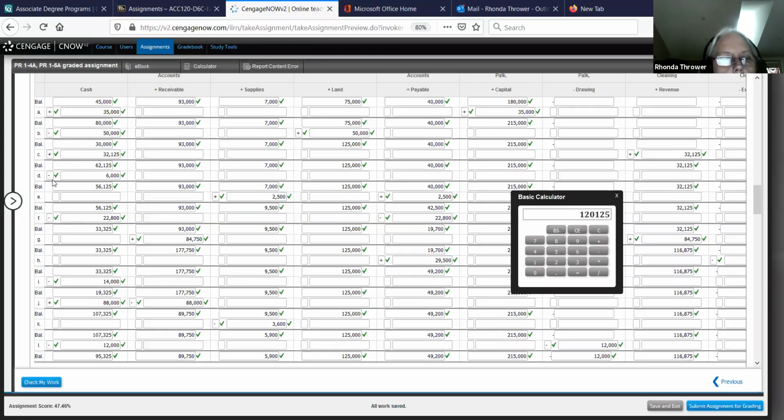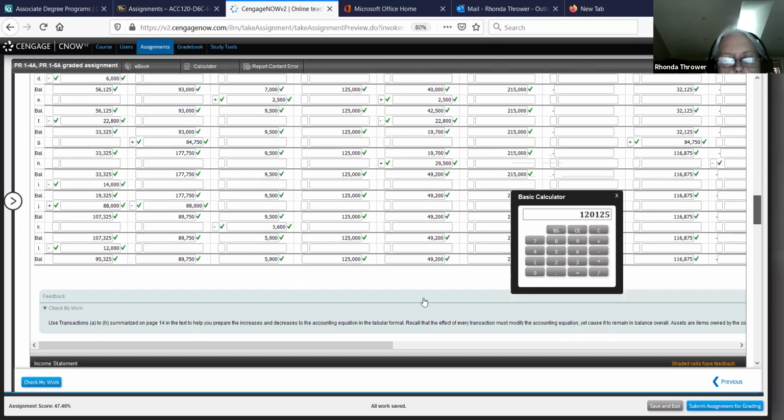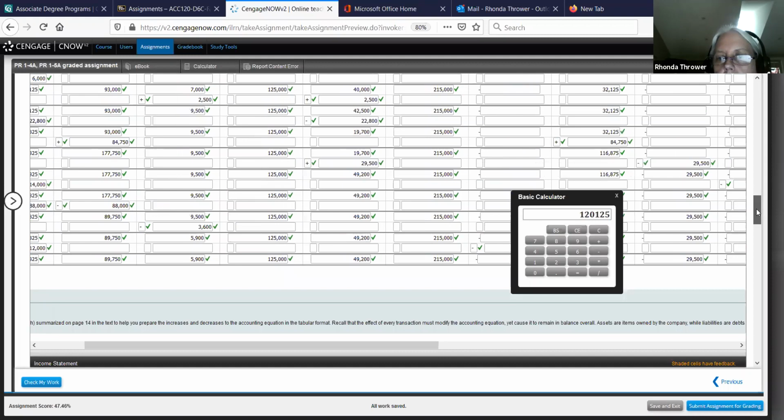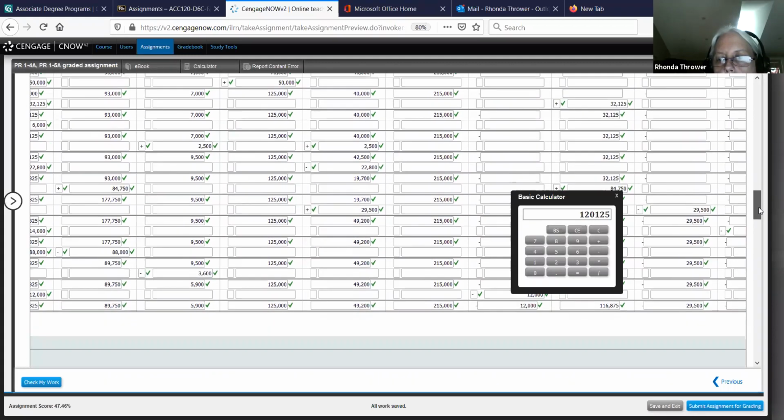So my next decrease in cash was for 6,000. If I follow the 6,000 all the way over here, I can see eventually that I paid 6,000 for my rent expense. And so I got to move this over where I can see what the amount says it was. And it would be for my rent expense.